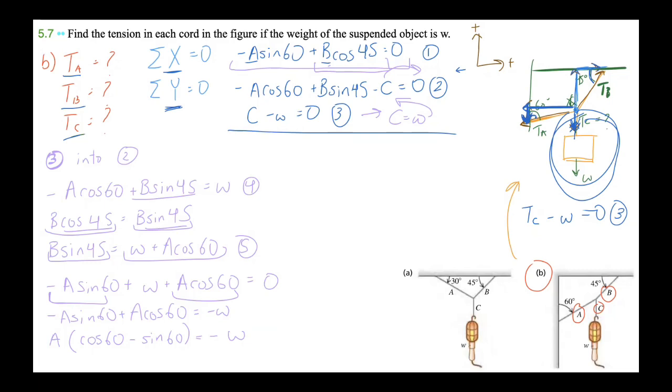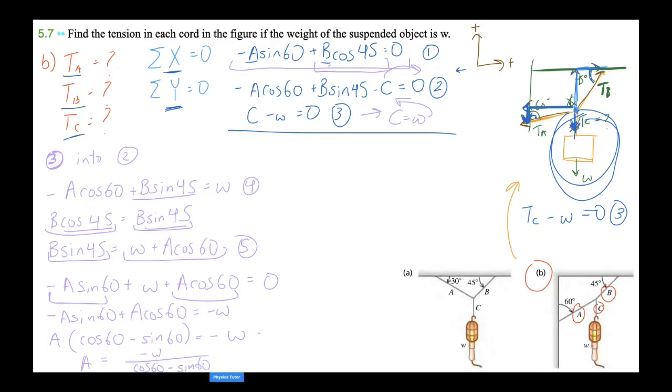Yep, that makes sense. So now let me just squeeze it in really quickly here. That means that A is equal to minus W over (cos 60 minus sine 60).